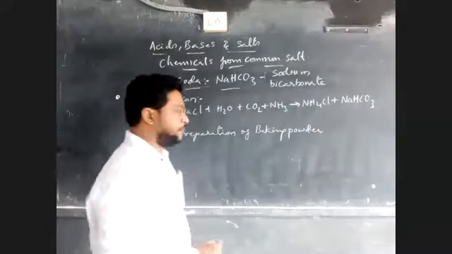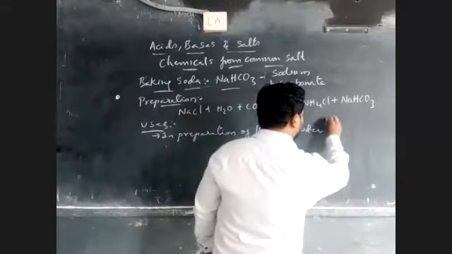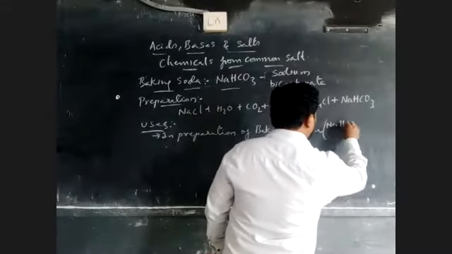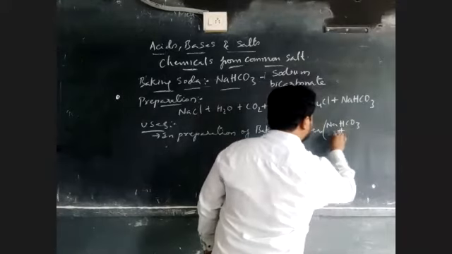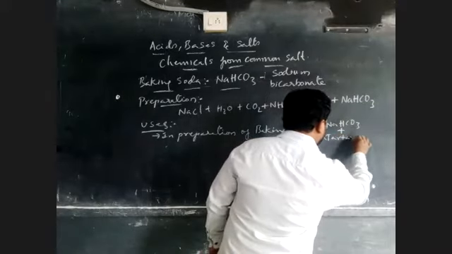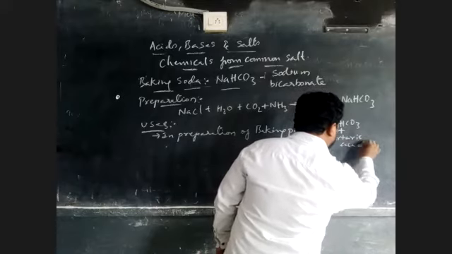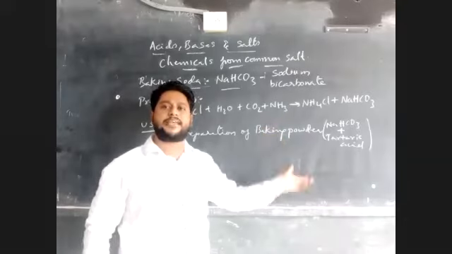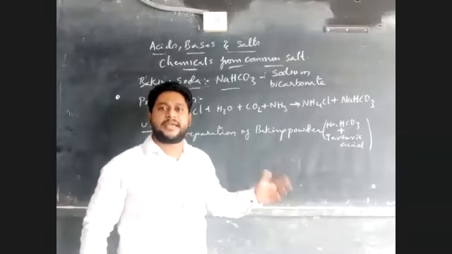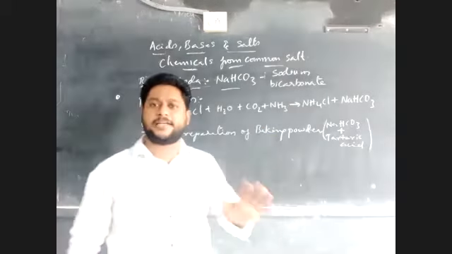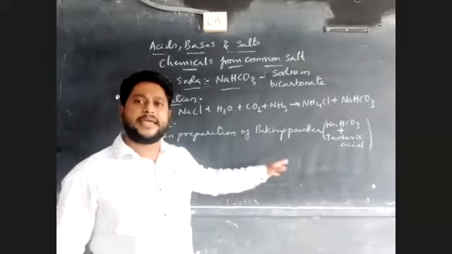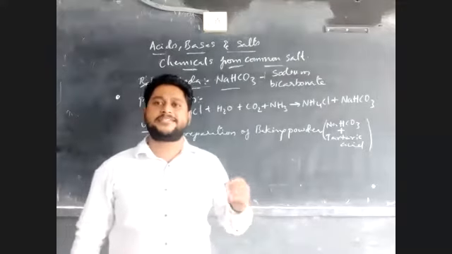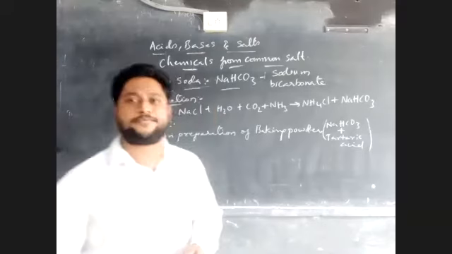Baking powder means NaHCO3 plus tartaric acid. Okay, now what is the difference between baking soda and baking powder? Baking soda contains only NaHCO3. Baking powder contains NaHCO3 plus tartaric acid.